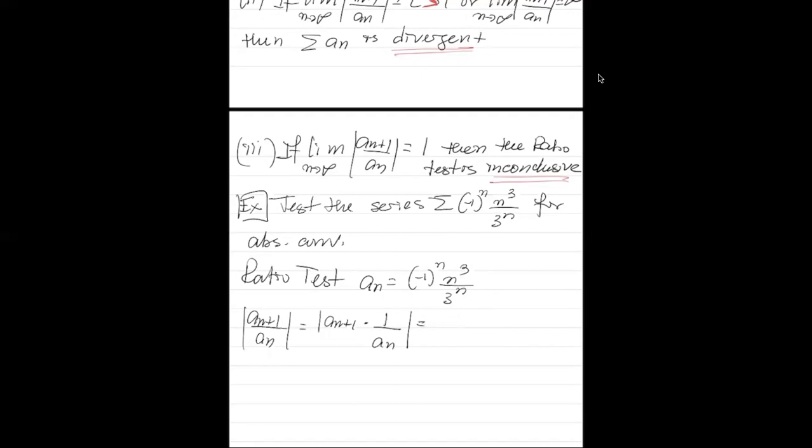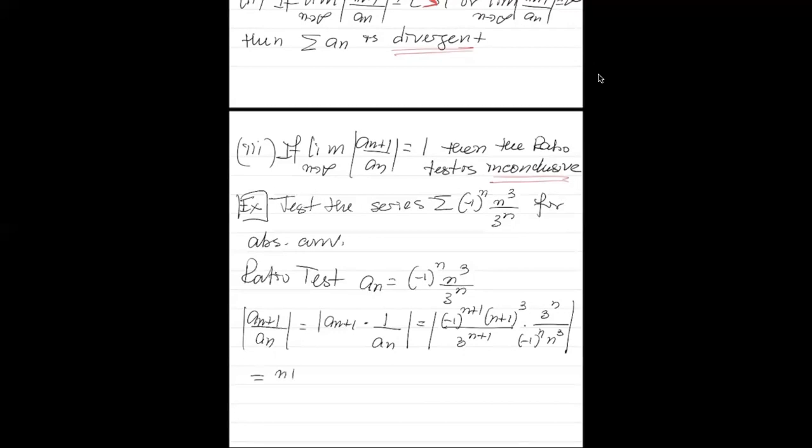So we're going to have -1 to the n plus 1, n plus 1 to the third over 3 to the n plus 1. That's the n plus 1 term. And now I'm going to flip the nth term. So 3 to the n is on top, -1 to the n, n to the third right here. We can ignore the negative ones because we're talking about absolute value, and n is positive.